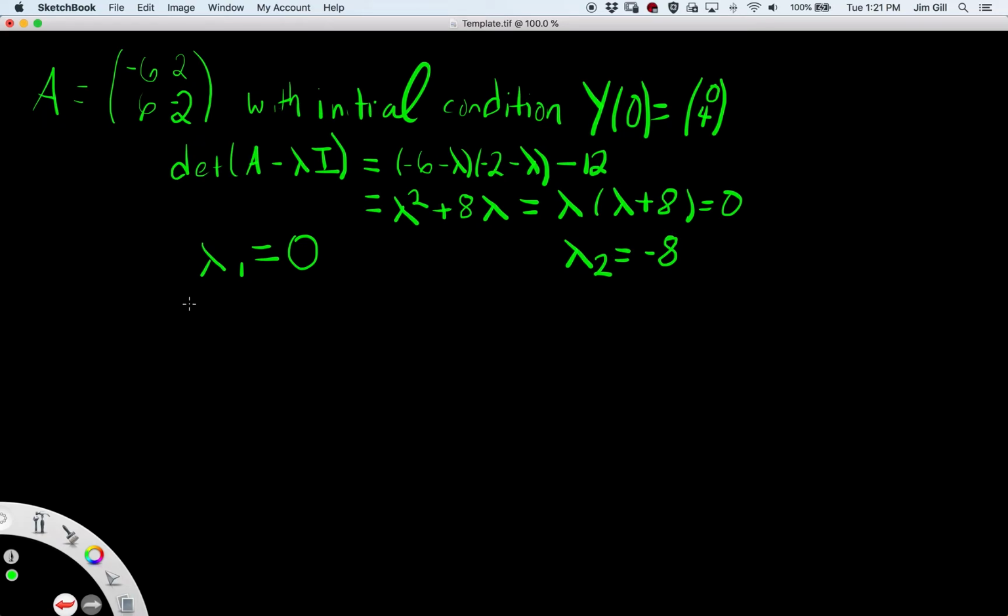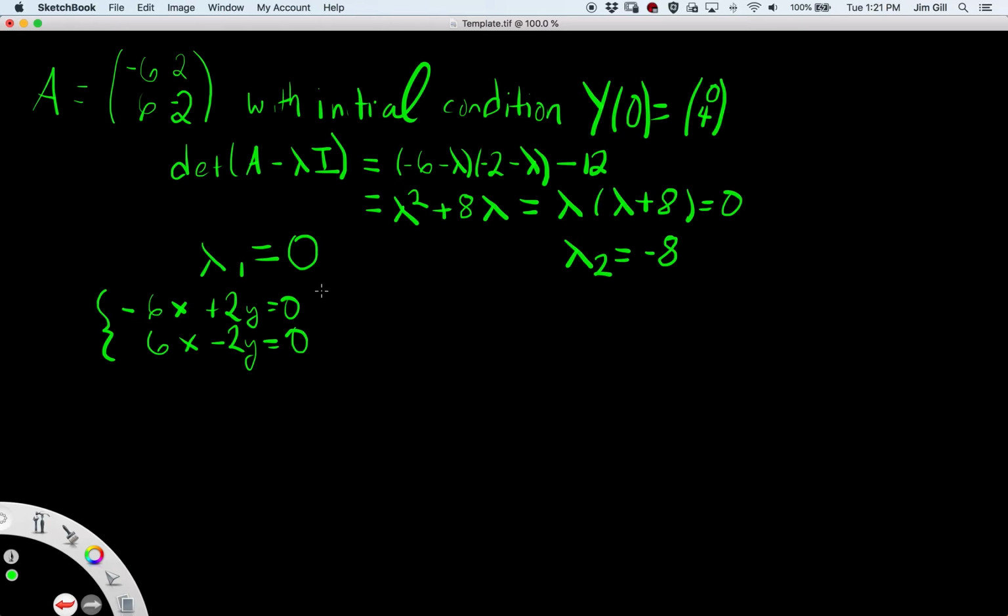Now I need to find eigenvectors. For lambda 1 equaling 0, I need to solve this system to find the eigenvector. -6x plus 2y equals 0, and 6x minus 2y equals 0. Okay, it's equal to 0, not some multiple of x, because the eigenvalue here is 0.